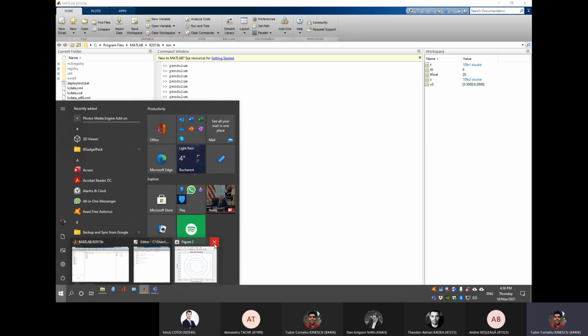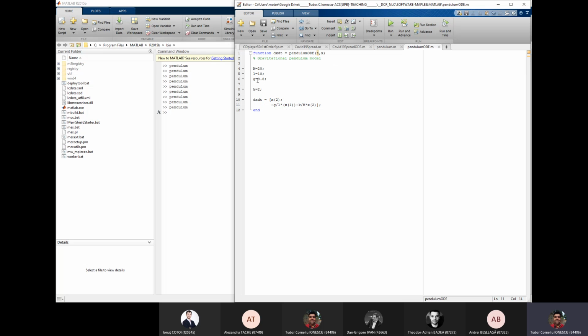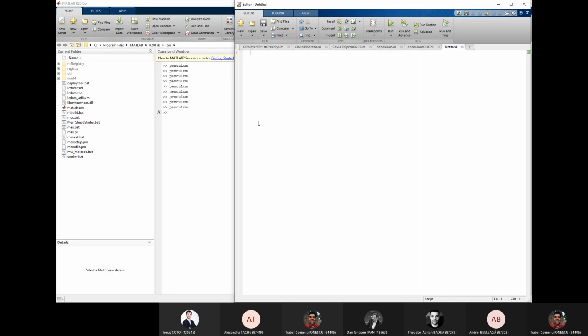Let's close the figures first of all, because I do not need them at the moment. I need these coefficients. So Control C, new script, Control V. Now I'm building the matrices. A equals 0 space 1.